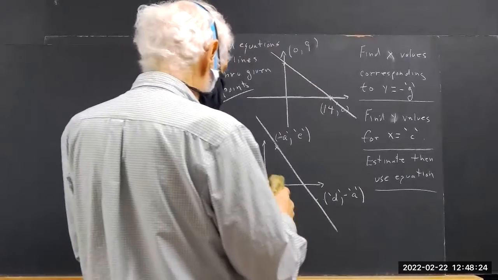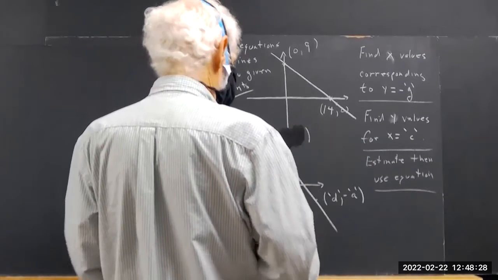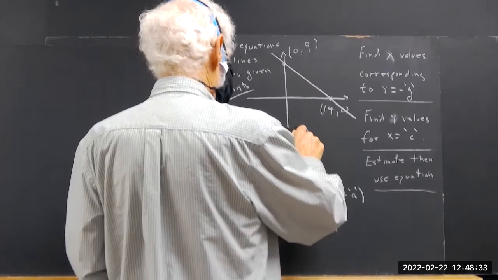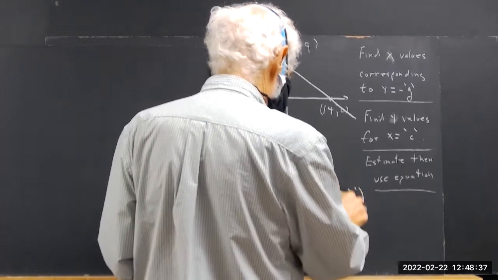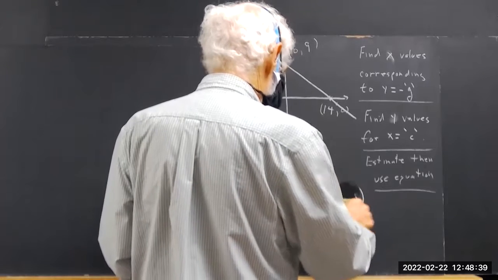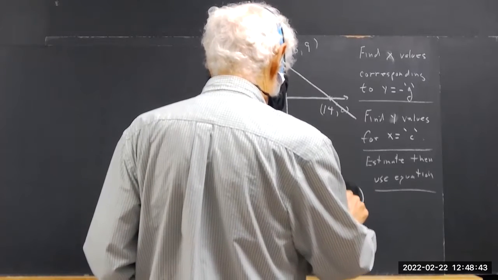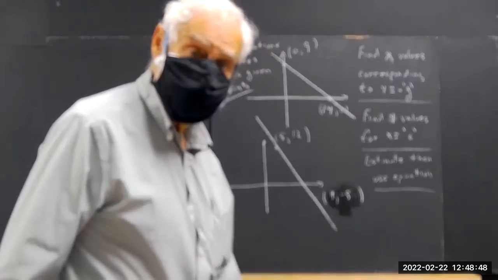Let's say the coordinates of this point are 5, 12. Coordinates of this point are 9, -5.